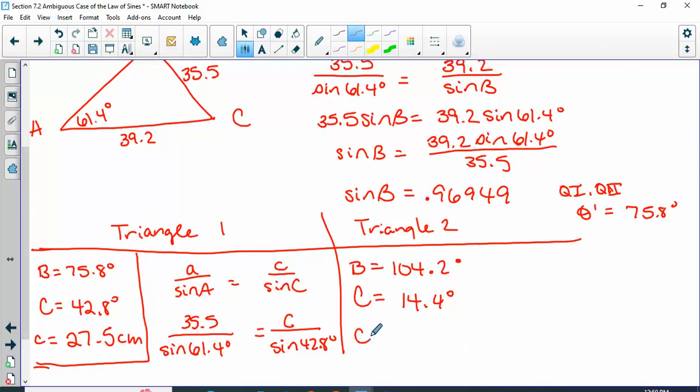So side C, we would do the same way as we did over here. So A over the sine of A equals side C over the sine of angle C, but this time that is 14.4 degrees.